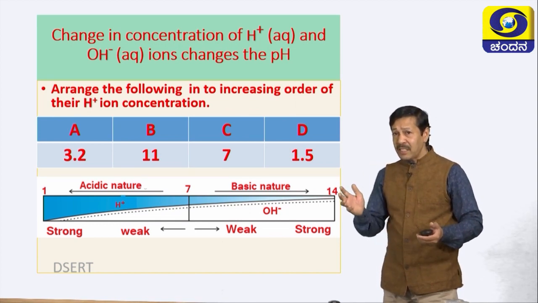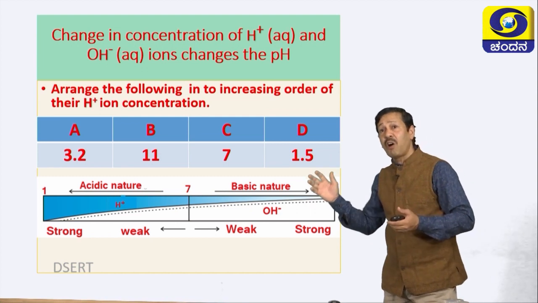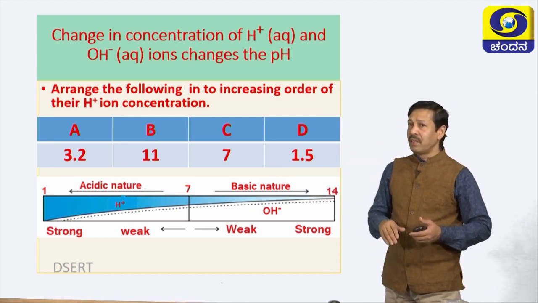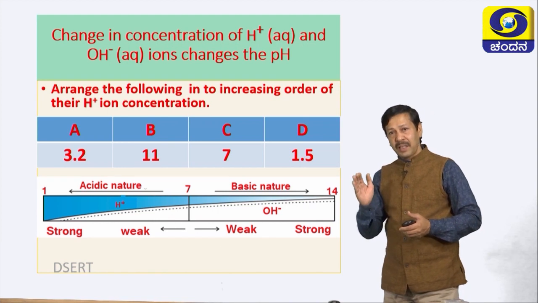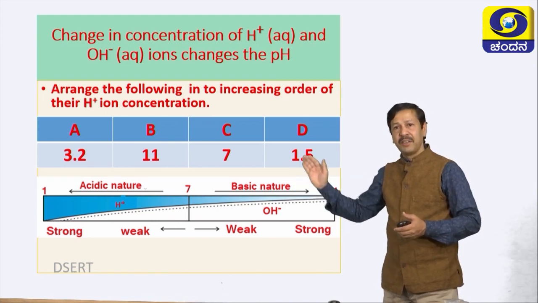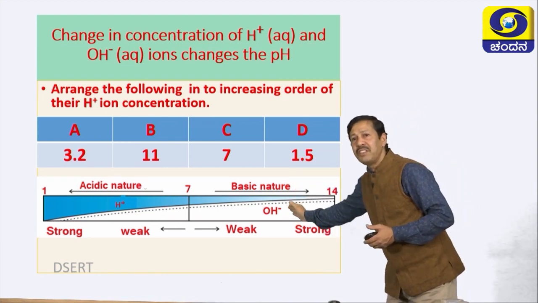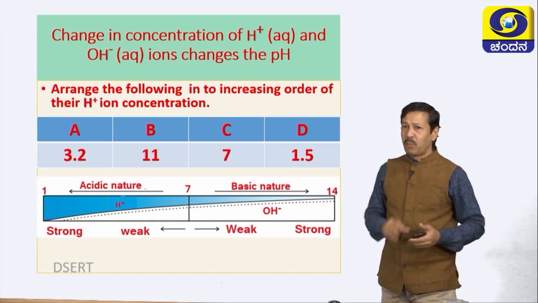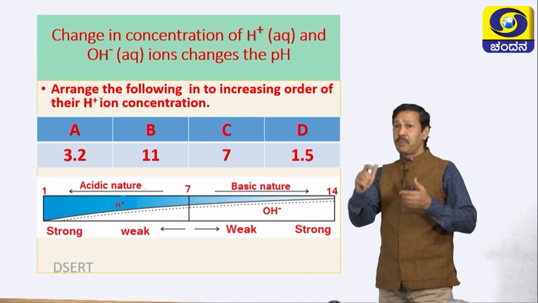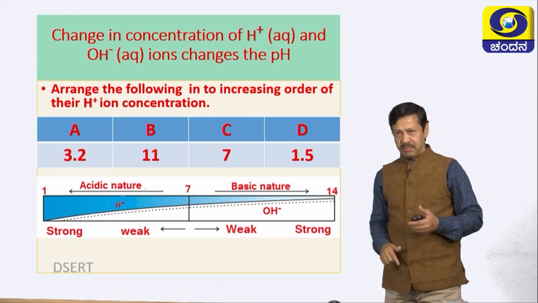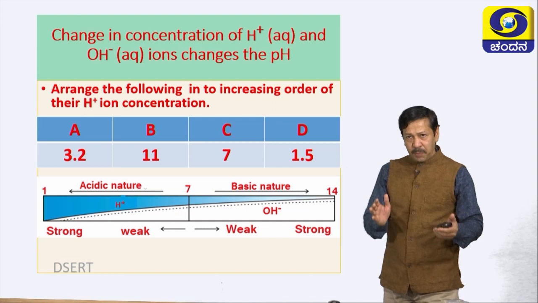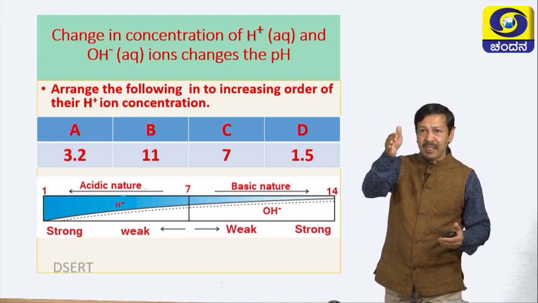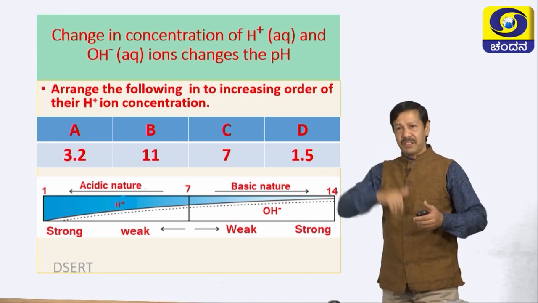Similarly, 8 is weak base, 14 is strong base, because as you move towards the right side, OH minus ion concentration is increasing. Towards the left side you are seeing more blue color indicating H plus ion concentration is increasing. More the H plus, more will be the acidity and lesser will be the basicity.